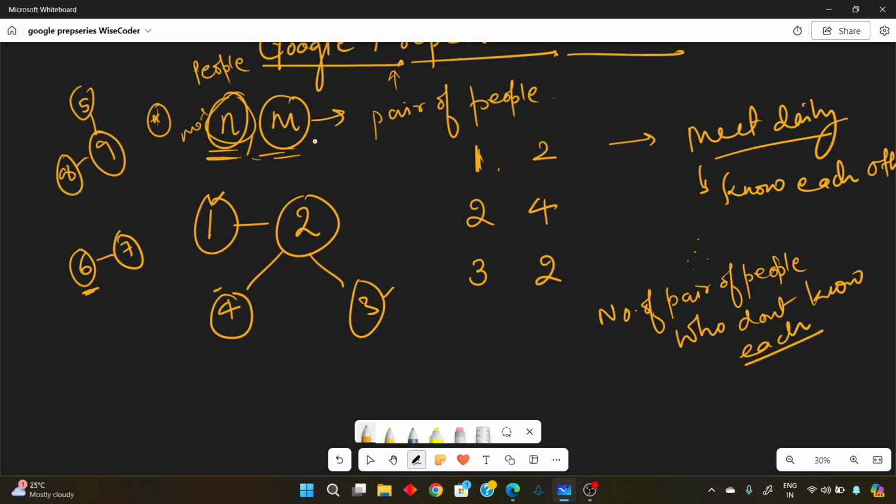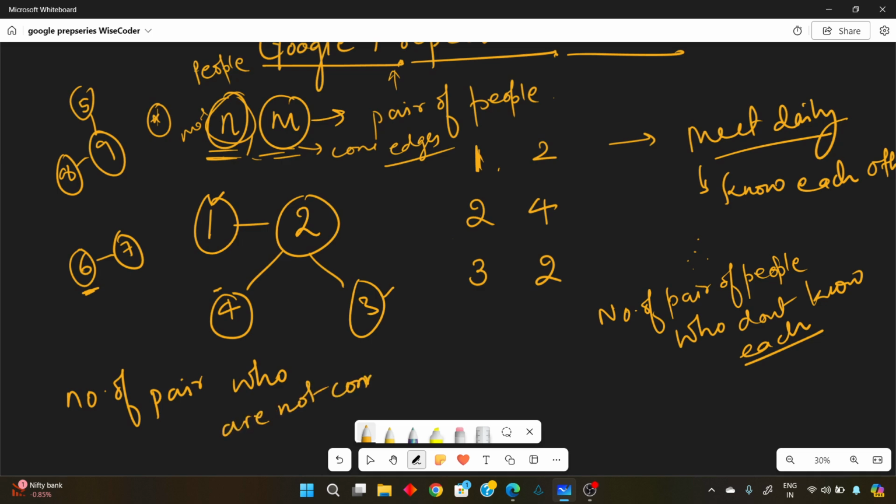M is the pairs of people, you can say the connections or the edges, the pairs of nodes between which edges are there. Now, what you have to find is the number of people who don't know each other. So you need to find the number of pairs who are not connected. This you should be able to visualize.